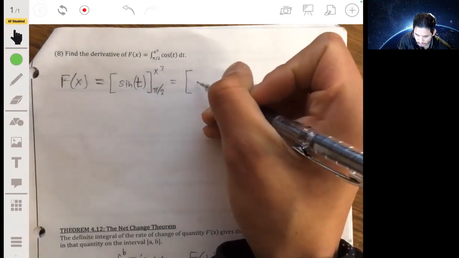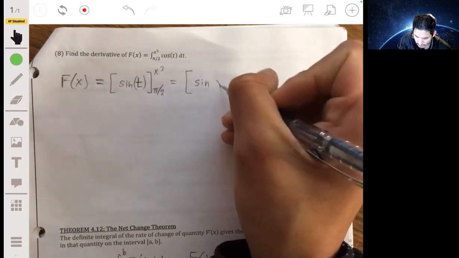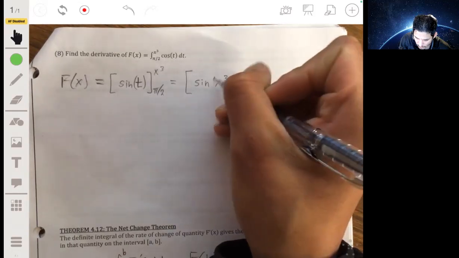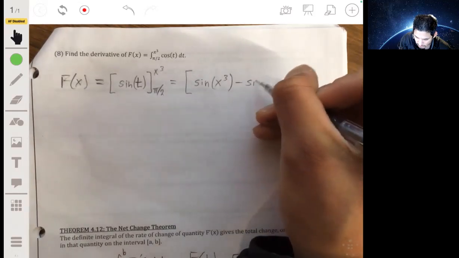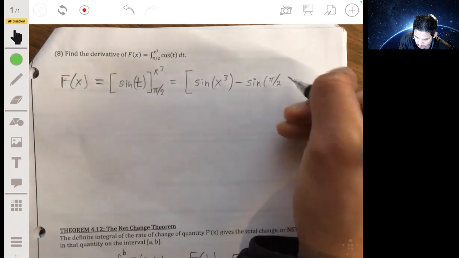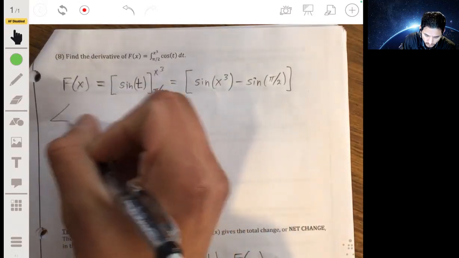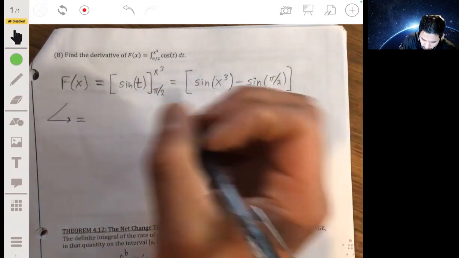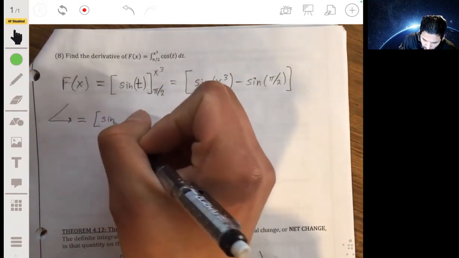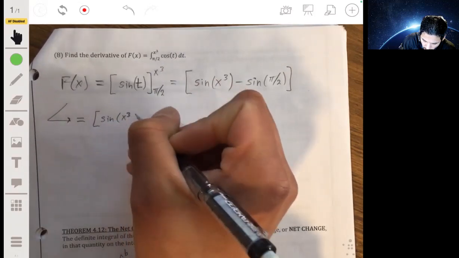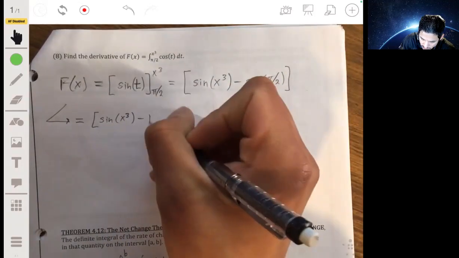So this will be the sine of x cubed minus the sine of pi over 2, which will be equal to sine of x cubed minus 1, since sine of pi over 2 is 1.